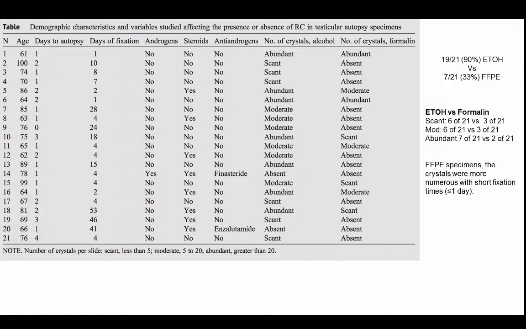Between 5 and 20 was considered moderate, and more than 20 was considered abundant. What we found was 7 alcohol fixed cases showing abundant crystals versus only 2 of the formalin fixed cases. Likewise, both the moderate and the scant categories were higher in the alcohol fixed cases. And looking at time, they seem to dissolve with longer fixation times, as we suspected.